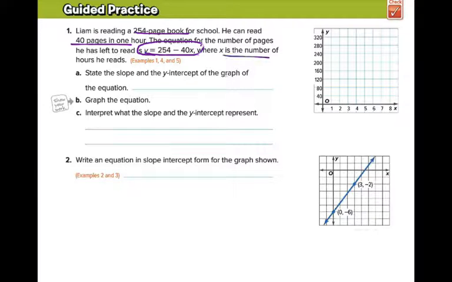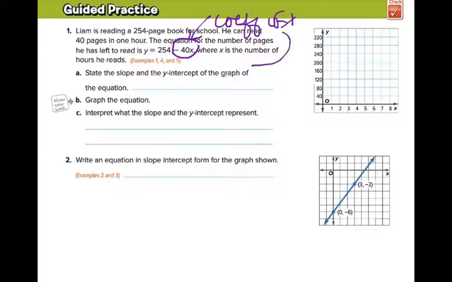It tells us that x is the number of hours he reads. So state the slope and the y-intercept. Just because they're in this order doesn't mean anything different. Anytime you have a number multiplied by an x, the coefficient of x is always the slope.